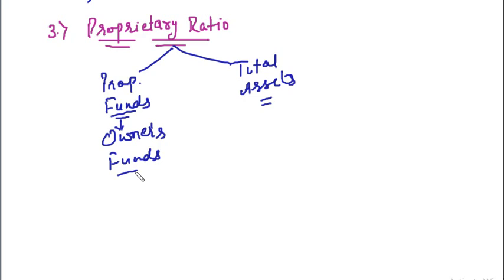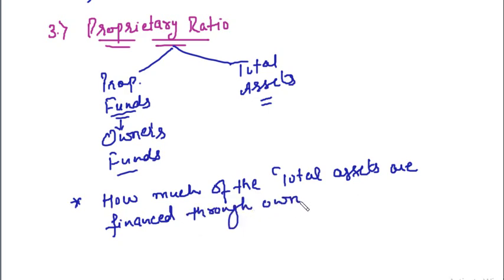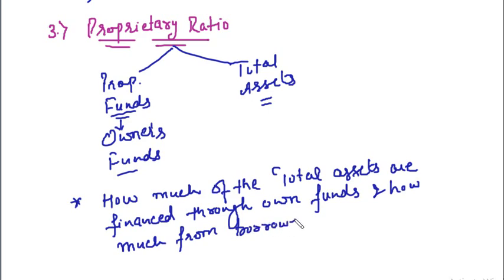The relationship is very simple: how much of the total assets are financed through own funds and how much from borrowed funds.